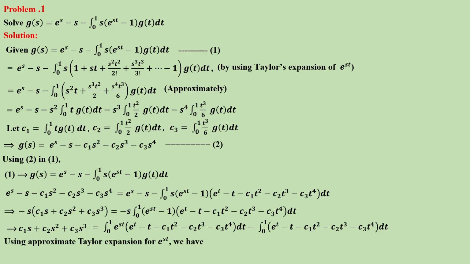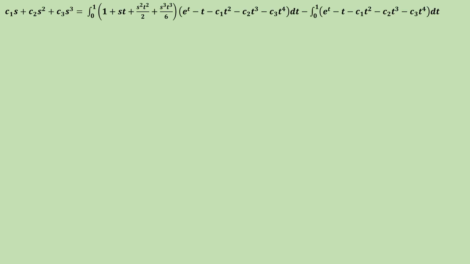So using the Taylor's expansion for e power st, now we are going to use that inside the integral, right? c1 s plus c2 s square plus c3 s cube, integral 0 to 1, (1 plus st plus s square t square by 2 plus s cube t cube by 6), approximately the e power st expansion.